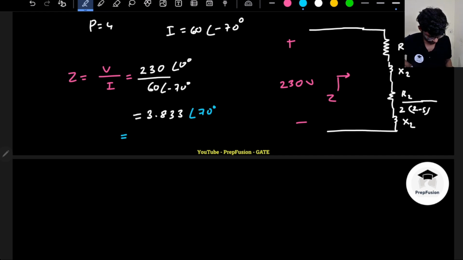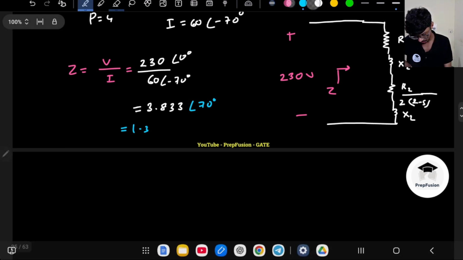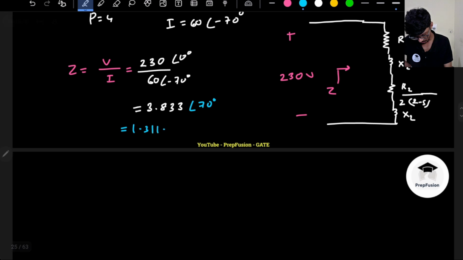The real portion is 3.833 into cos 70, that is 1.311, and the imaginary part is 3.833 into sine 70, that is plus j 3.6.